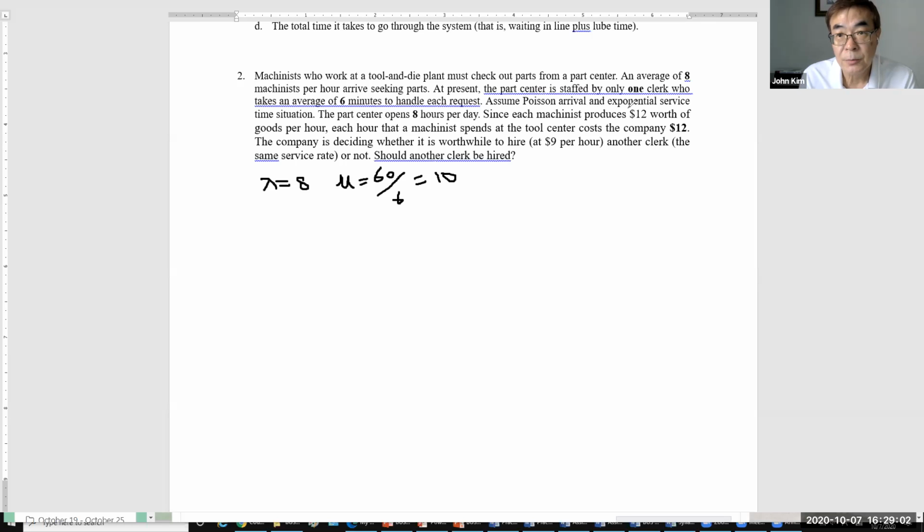Assume Poisson arrival and exponential service time situation. Now with 1 clerk working, if it is only 1, then we can use model 1. But if we hire 1 more clerk, then use model 3.